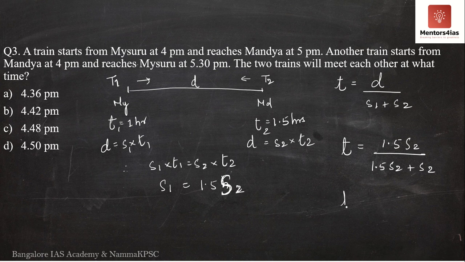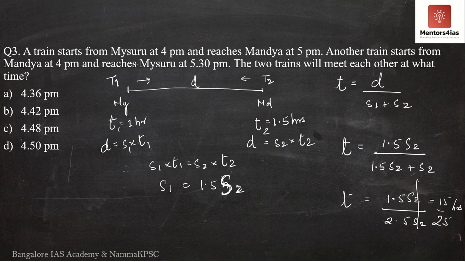So what do we have here? Time is nothing but 1.5 S2 divided by 2.5 S2. S2 and S2 get cancelled. We get time is equal to 15 by 25. Therefore, they take 15 by 25 hours to actually meet each other.